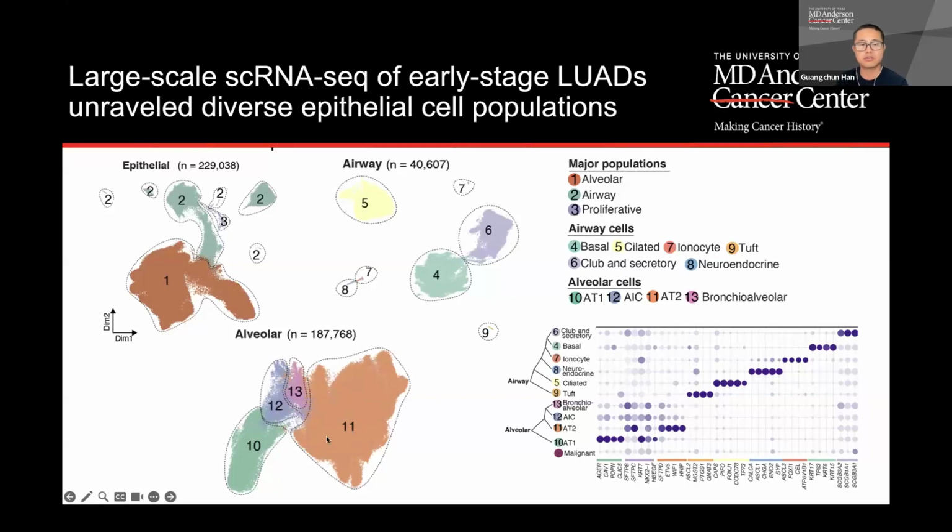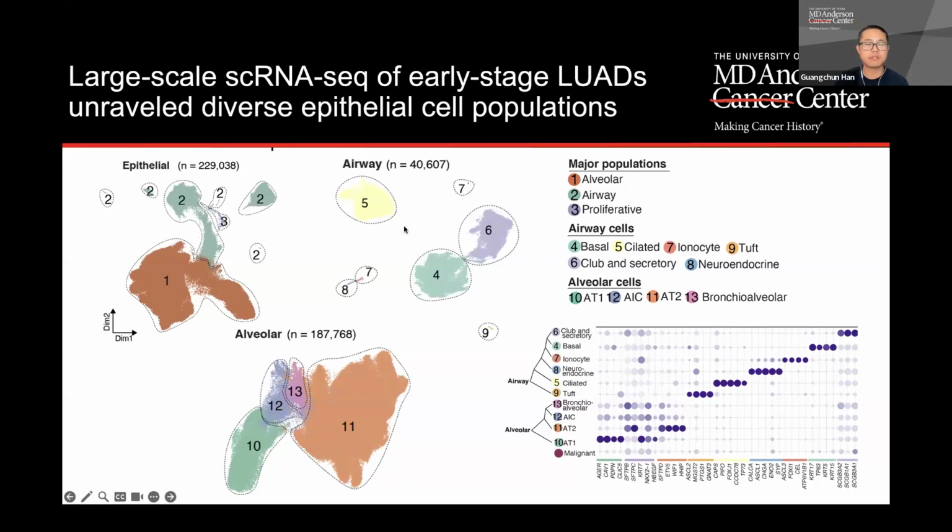In addition to these two major cell types, we also identified two populations which show intermediate features, which we call alveolar intermediate cells and bronchial alveolar cells. Both of these populations show a combination pattern regarding the markers of alveolar cell lineage specific features, as I show on this bubble plot.